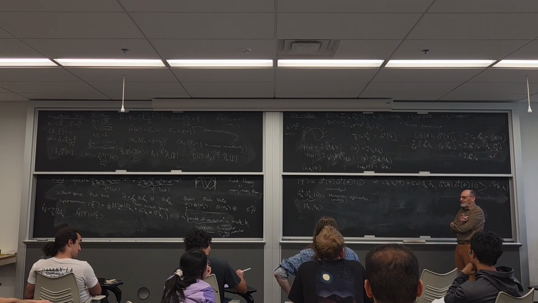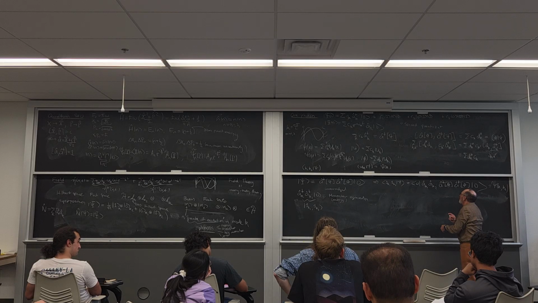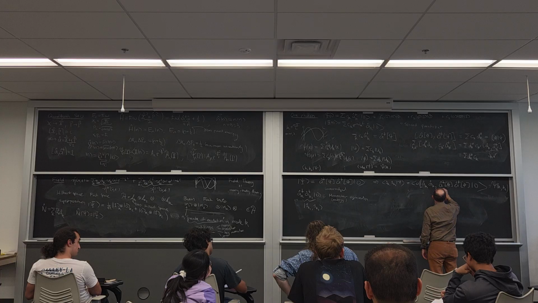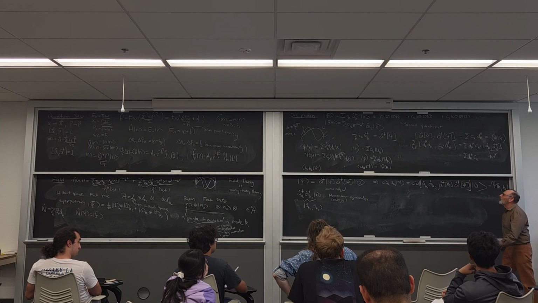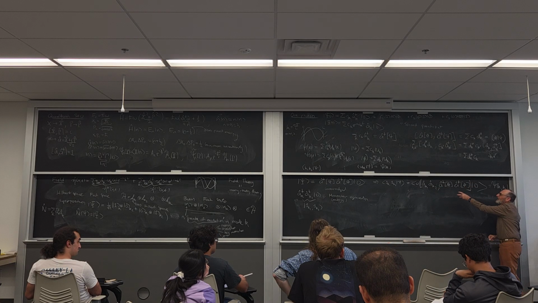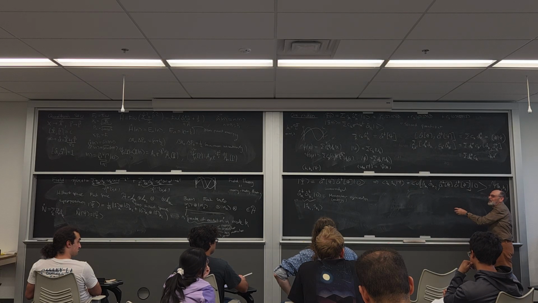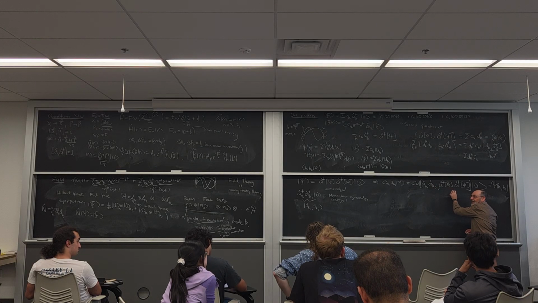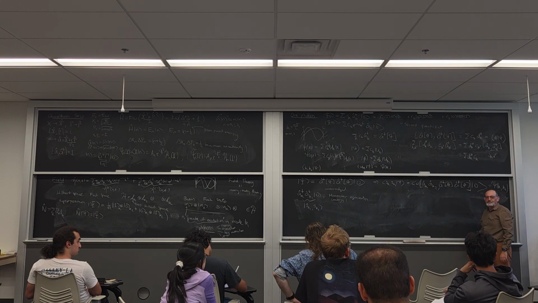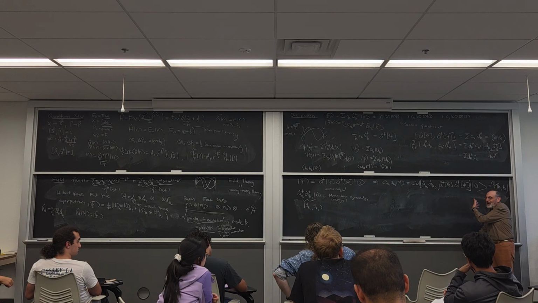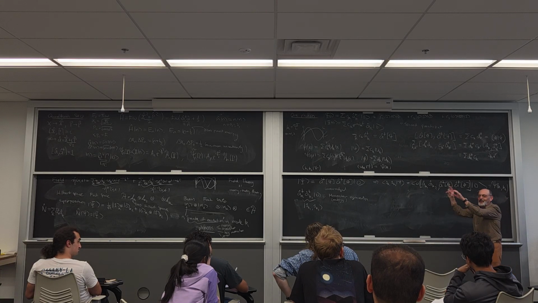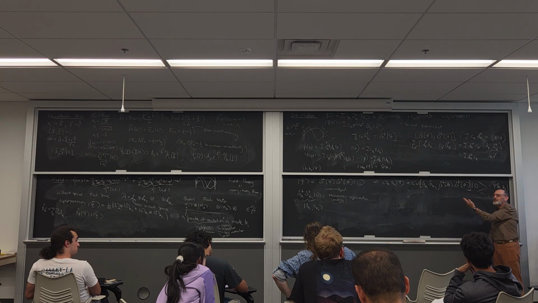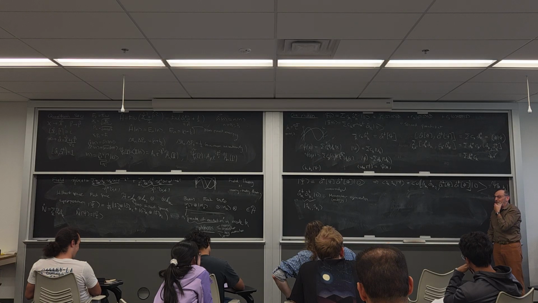So I claim that this is equal to that. I can replace that inner product with its commutator, because I can write the commutator as this times this minus the other direction. But that is zero, right? So when you have all the A's on the left and all the A daggers on the right, you can replace it by its commutator because the other term is zero.